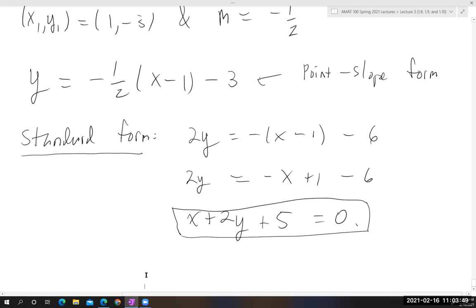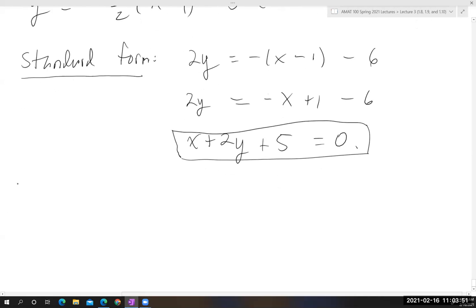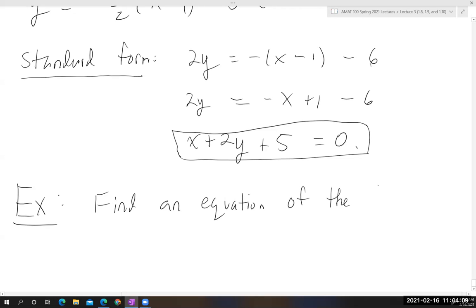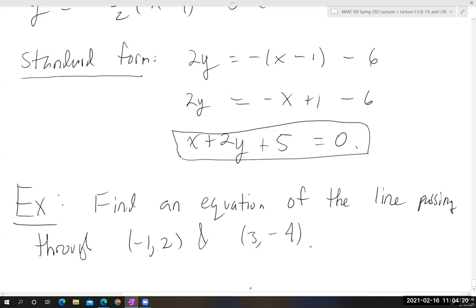So there's also an example, and I won't go through the whole example, but sometimes you're not given the point and a slope. You're given 2 points. But this is really just almost a special case of what we just did. So find an equation of the line passing through the points (-1, 2) and (3, -4).